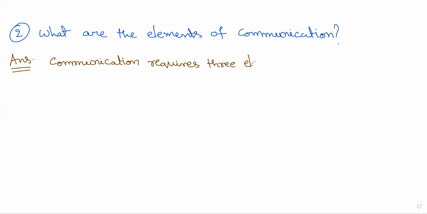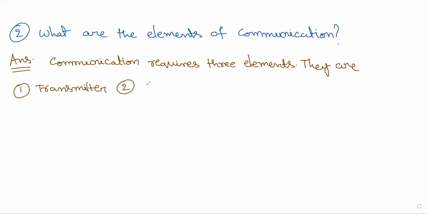They are the transmitter, the second one is medium or channel, and the third thing that you need is a receiver.